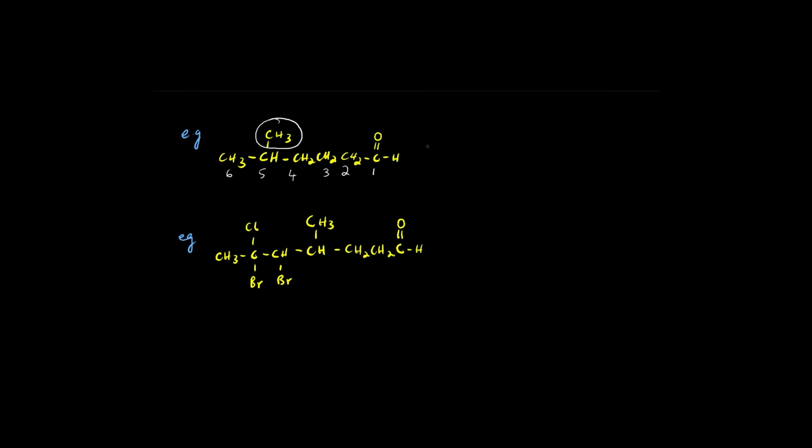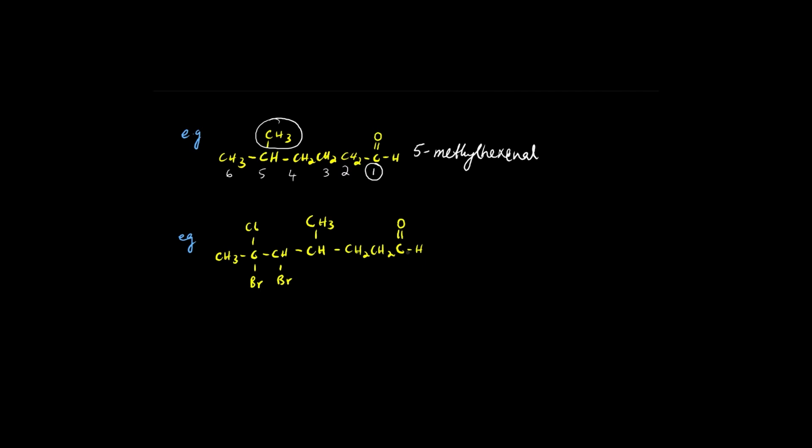So now let's name this entire compound. It would be 5-methylhexanal, right? So why 5-methyl? Because the fifth carbon has the methyl group. Hexanal because there are 6 carbons in the longest carbon chain. Now we have the functional group on the first carbon, that is why we haven't written 1 in the middle of the name, and it doesn't really matter if you write it or not, especially for this case.